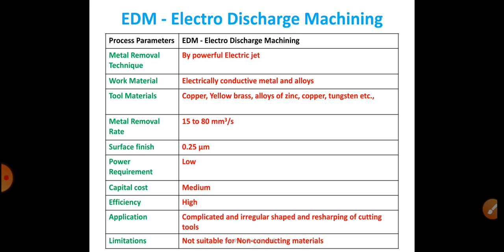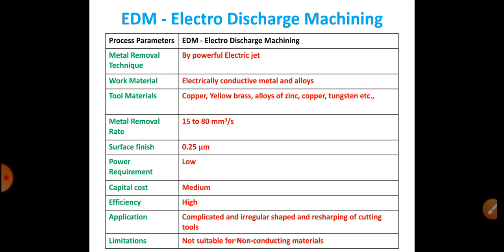Tool materials like copper, yellow brass, alloy, zinc are being used. Zinc, copper, tungsten, etc. are being used. Metal removal rate is 15 to 80 millimeter cube per second. Surface finish of 0.25 micrometer can be achieved.